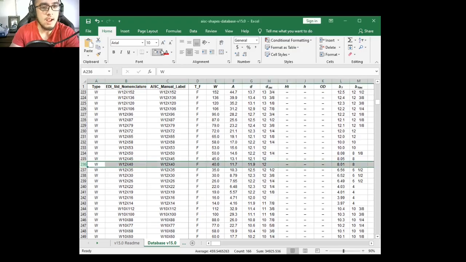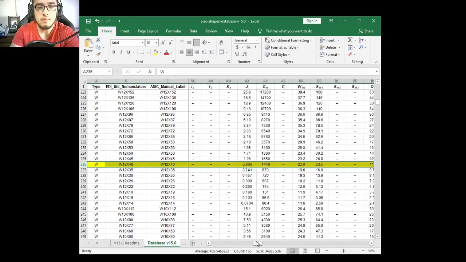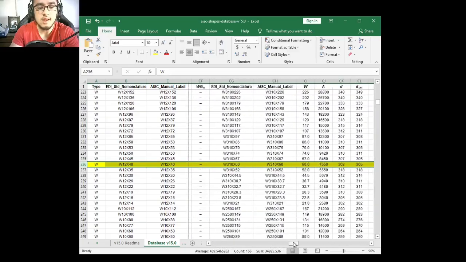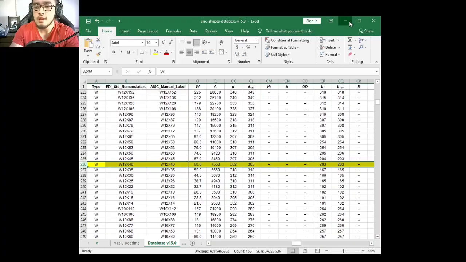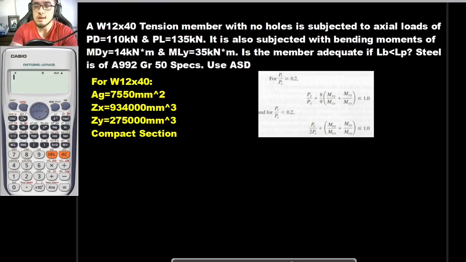I would just be highlighting it and scrolling to the right until you find the section properties that you would be needing. In our problem right here, these are the properties that we would be needing: the gross sectional area, the plastic section modulus, the moduli.